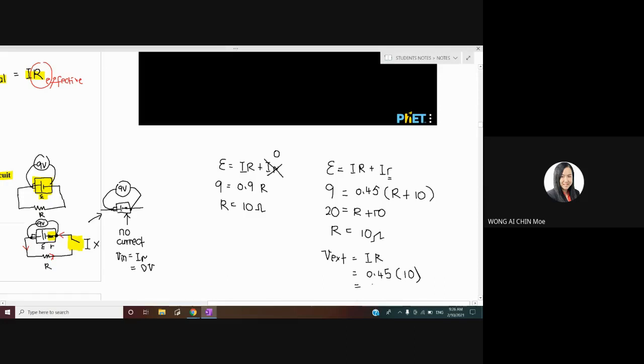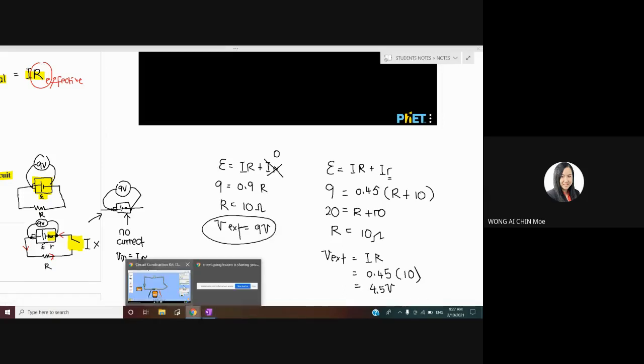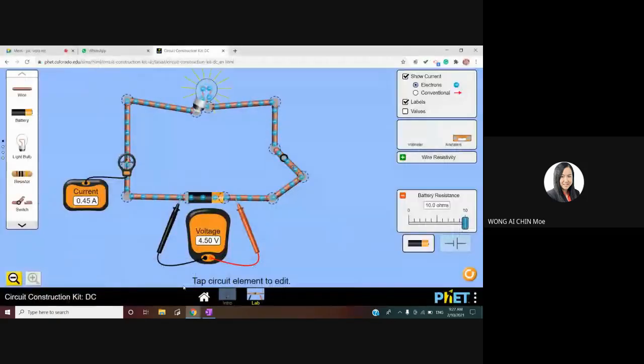That's why you will only get 4.5 volt for external. If you compare with just now, our V external is equal to 9 volt. If you compare with 4.5, of course the potential difference across the light bulb, dia kurang lah.